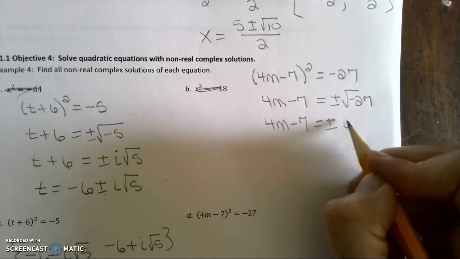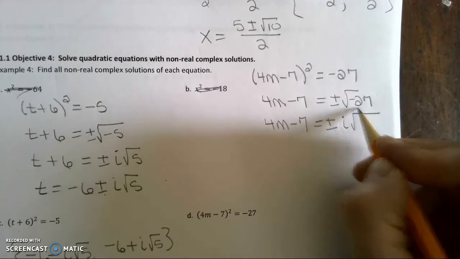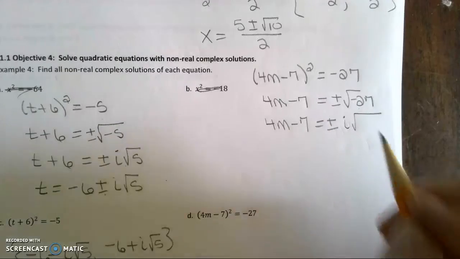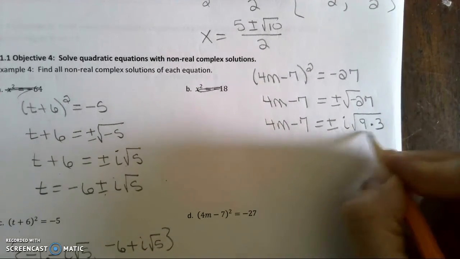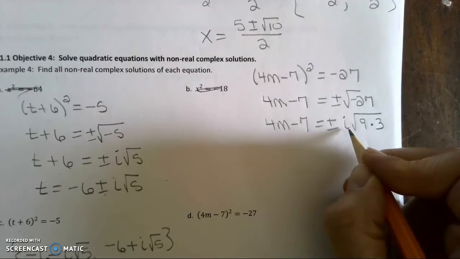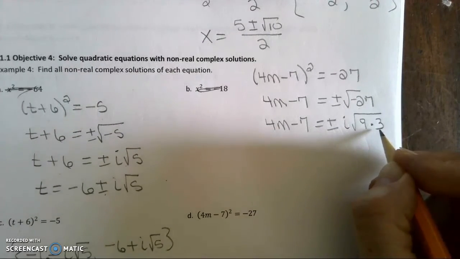Okay, so I get i, and then 27 is 9 times 3. So this whole thing becomes 3i square root of 3.